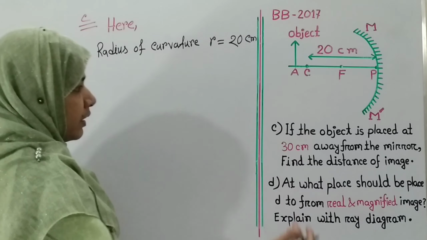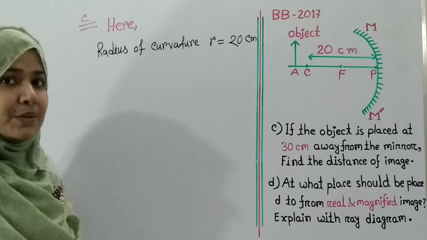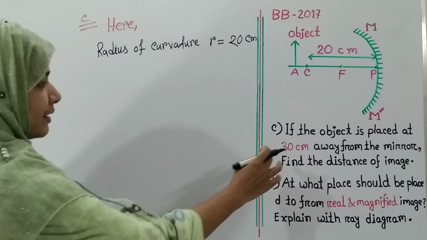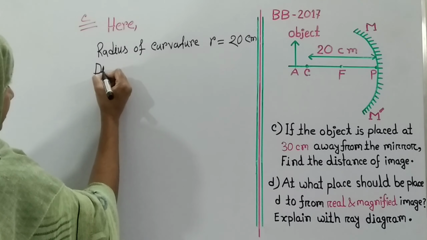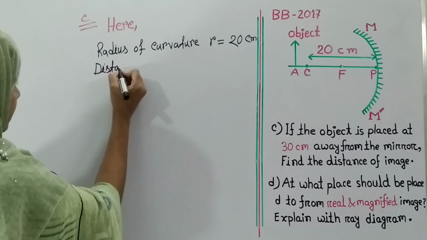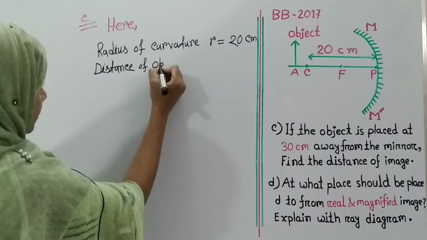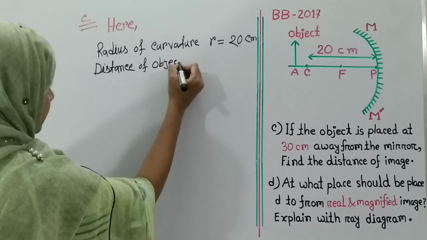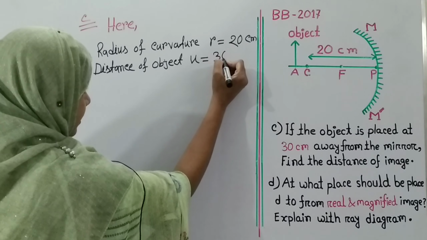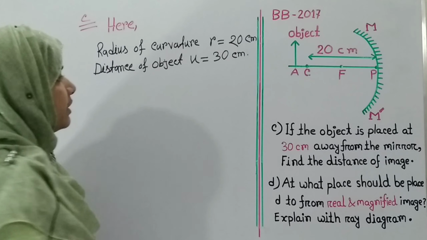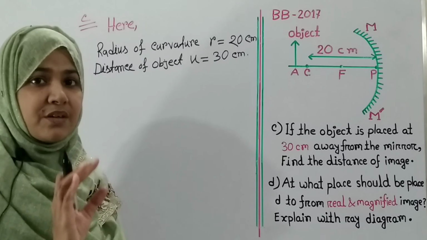And in the question they said that the object is placed 30 cm away, that means the distance of the object U equals 30 cm, and we have to calculate the distance of the image, that means the value of V.